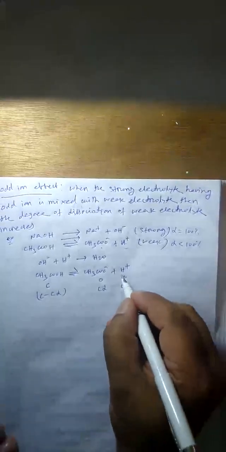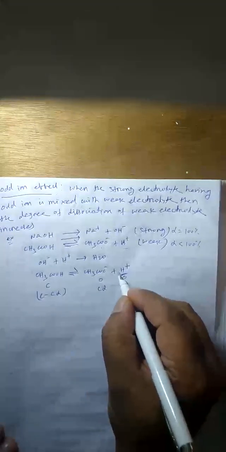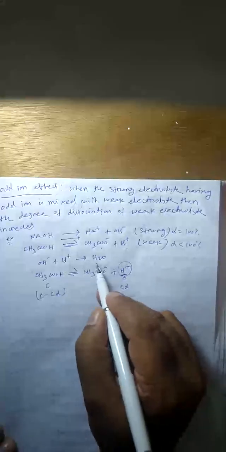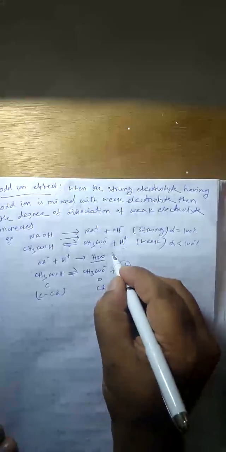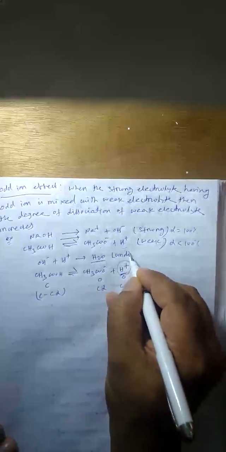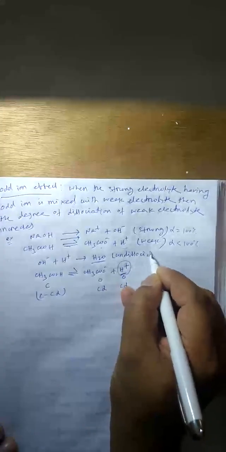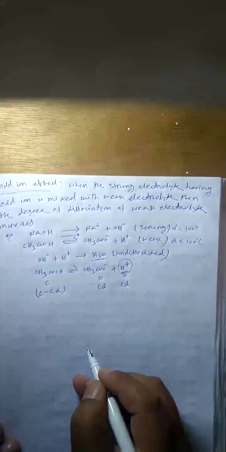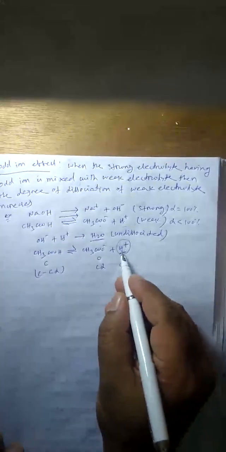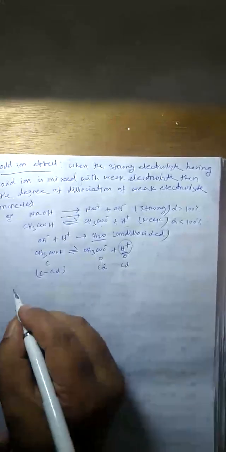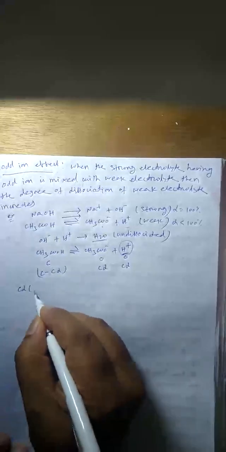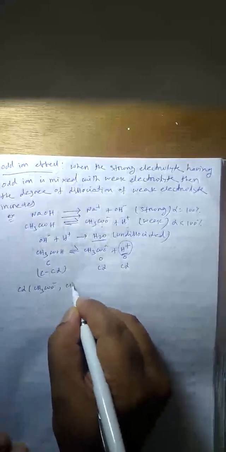The H⁺ is consumed by OH⁻, so it will not remain in the solution. It is consumed by the OH⁻ of the strong electrolyte to form undissociated water. So all H⁺ ions are consumed, but the acetate remains the same. That means C alpha of acetate ion in acetic acid.